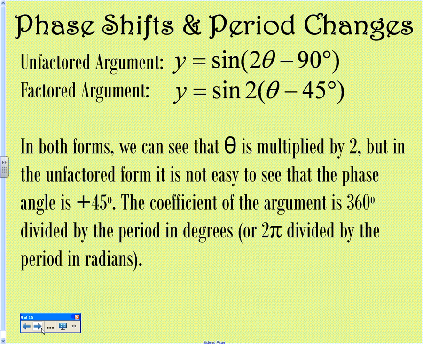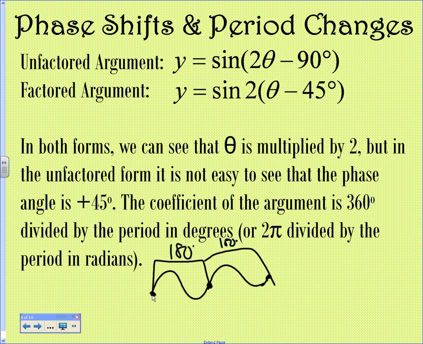So if we're looking at our little sinusoids, from here to here would have been 180 degrees. And then from here to here would have been another 180 degrees. And so this is a total of 360.